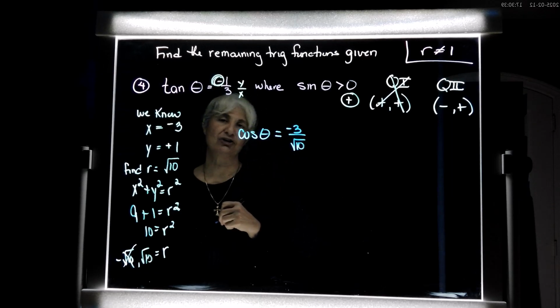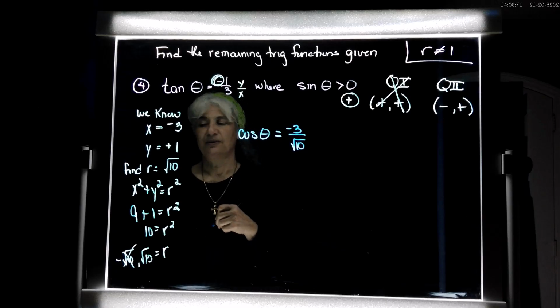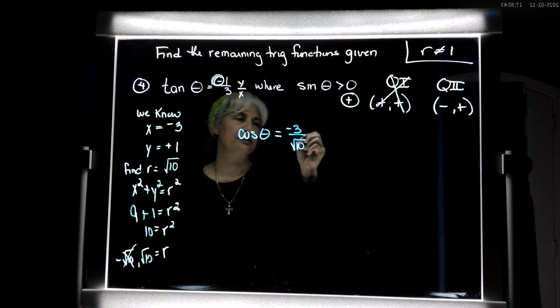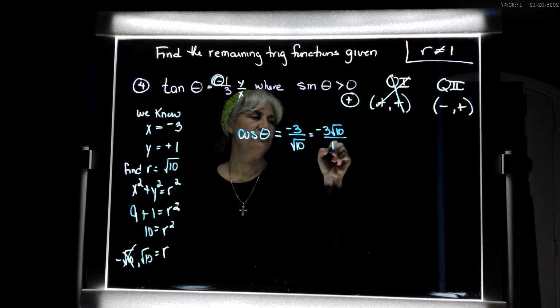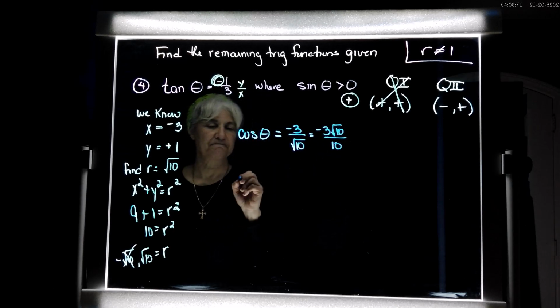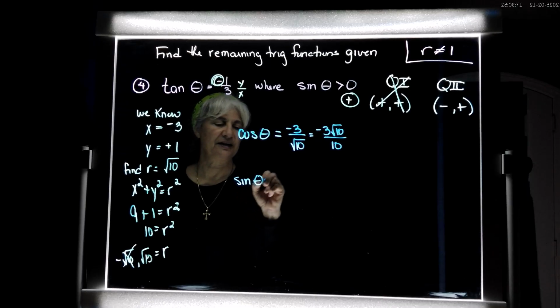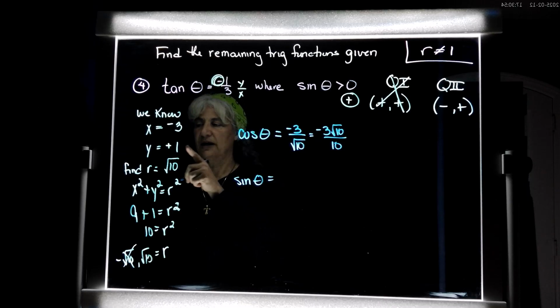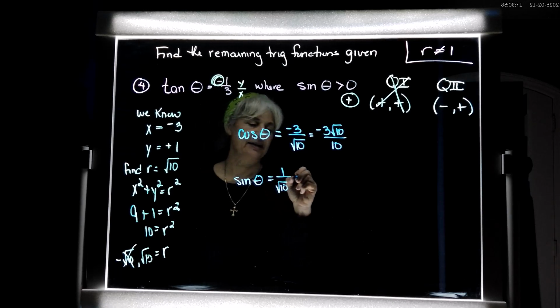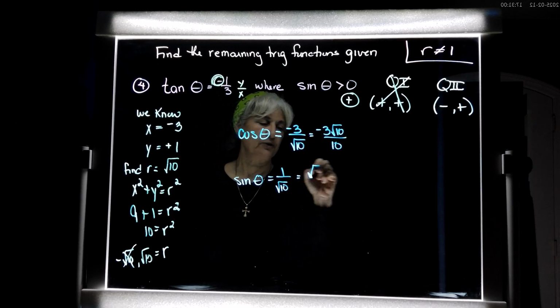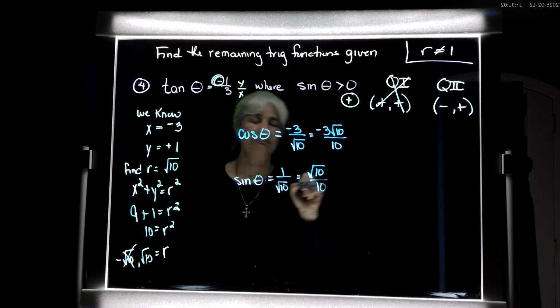Problem number 3 had no roots in it, did it? Well, I guess problem number 4 is going to make up for it. No problem. Negative 3, square root of 10 over 10. We got this. Sine of theta. Y over r. Rationalize again. Square root of 10 over 10.